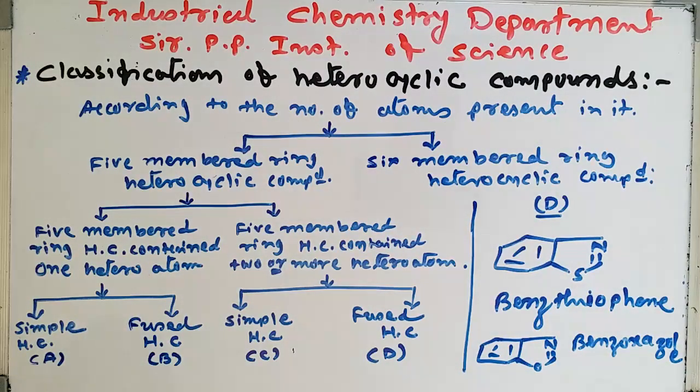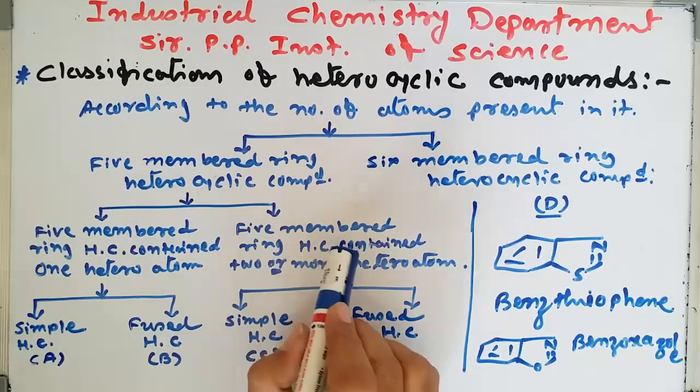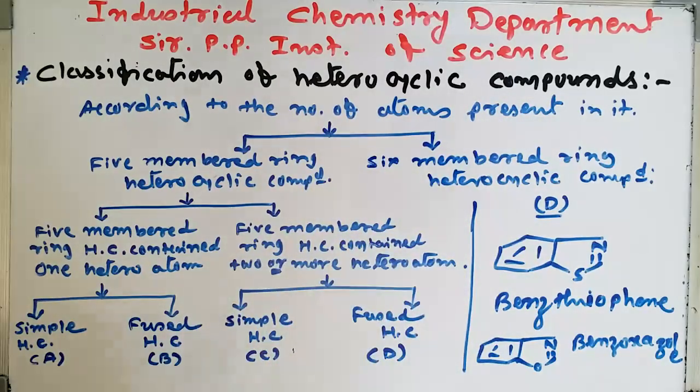So these are benzopyrazole, benzoimidazole, benzothiazole, benzoxazole, etc., fused 5-member rings containing two or more heteroatoms. So here we complete our one portion, 5-member ring heterocyclic compounds.